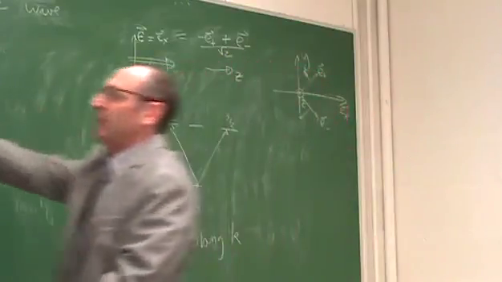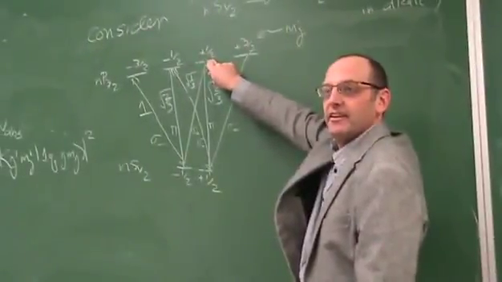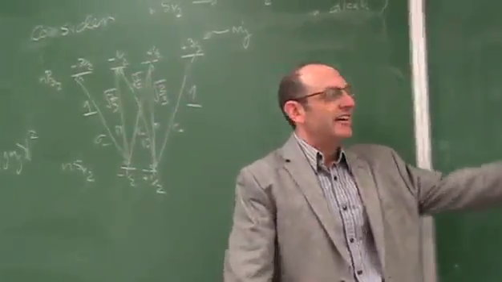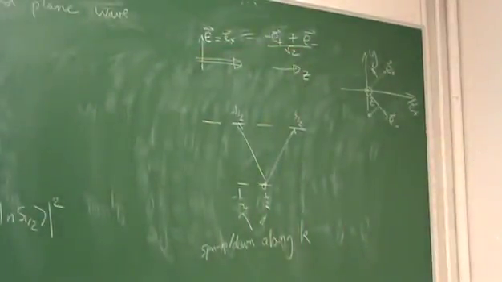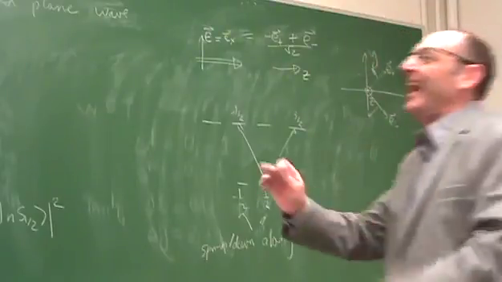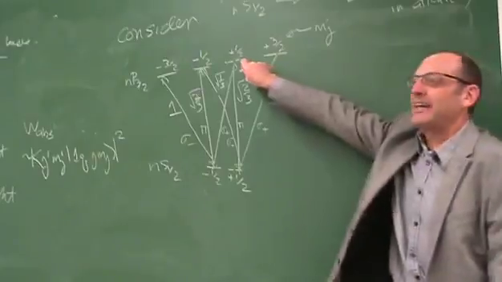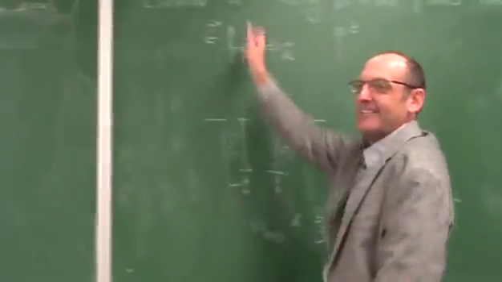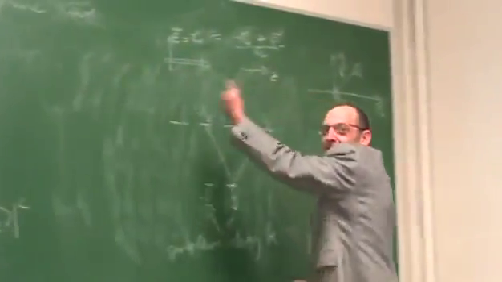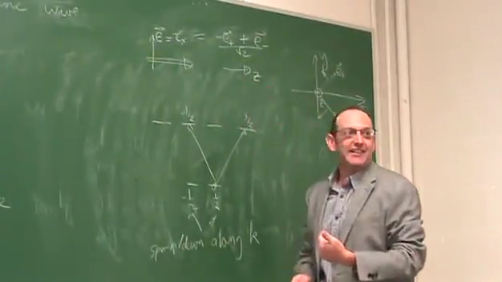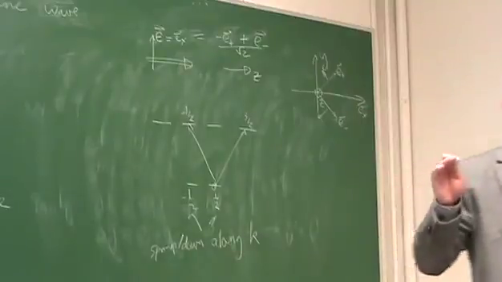Here, it went into a single magnetic sublevel, and here it's going into a superposition of magnetic sublevels. Well, that's just a change of basis. A state representing spin with some particular projection along this direction is a superposition of projections along another physical direction. So it's just a change of basis.